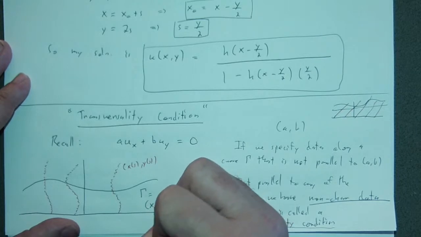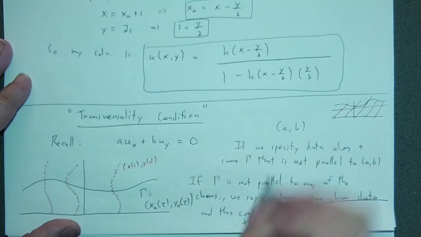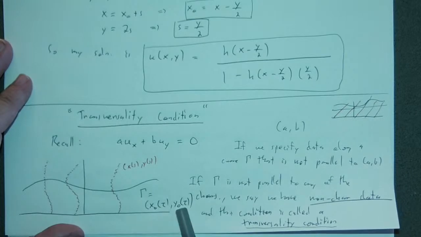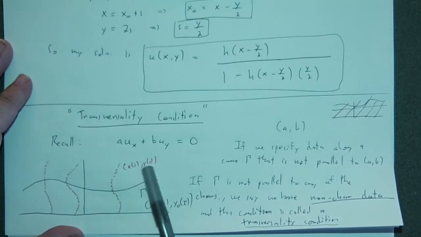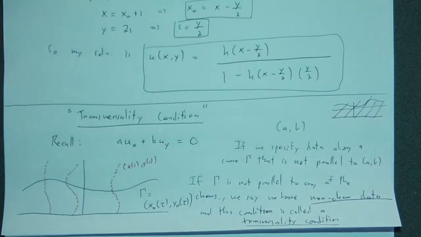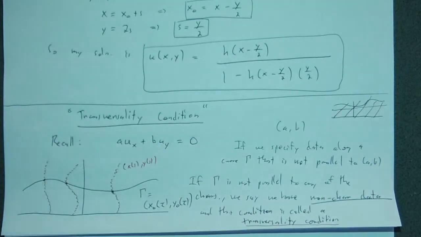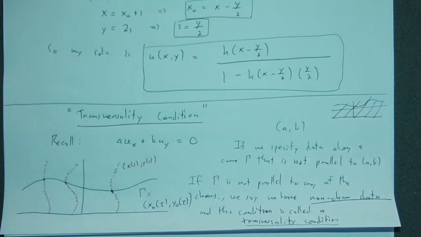So x naught tau, y naught tau is what I'll call it. I use the subscript 0 because this curve typically corresponds to the parameter value s equals 0 for the characteristic. And of course, we require that it intersects all of these projected characteristics, if you like. So that's one condition. And we want it to not be parallel at any of these.